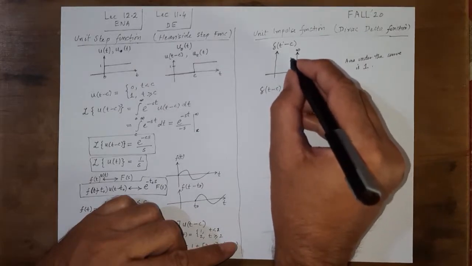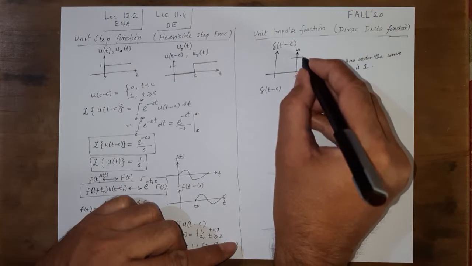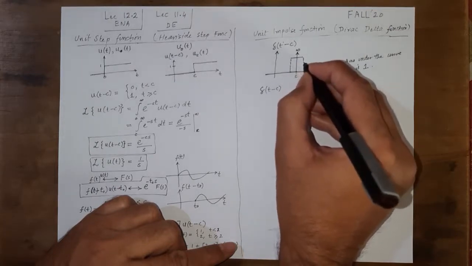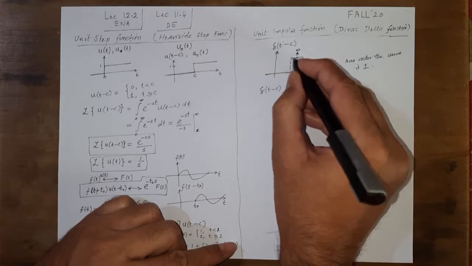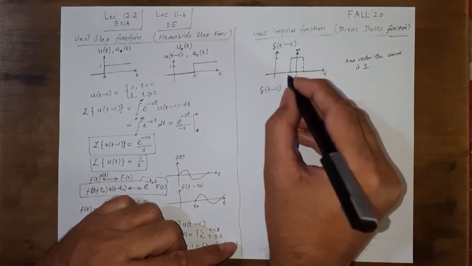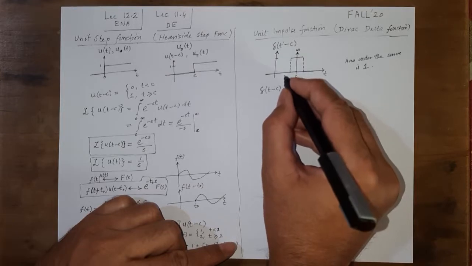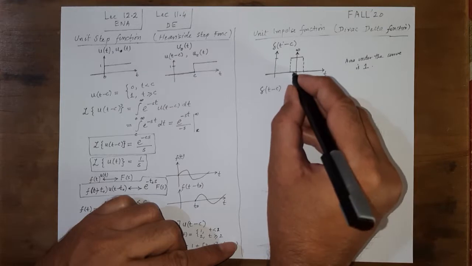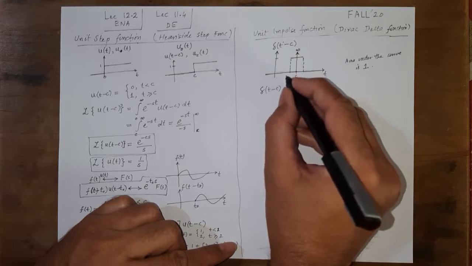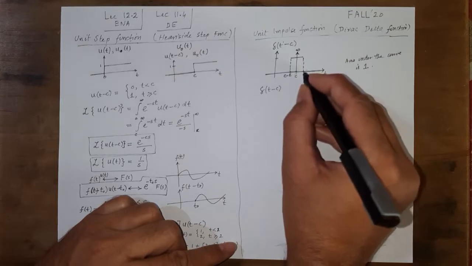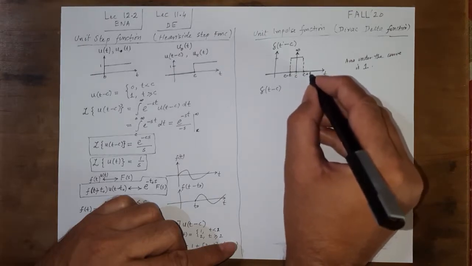So suppose we have a function which is some value in a short span of time. So suppose this distance is epsilon, so c minus epsilon is this point. This point is c plus epsilon.